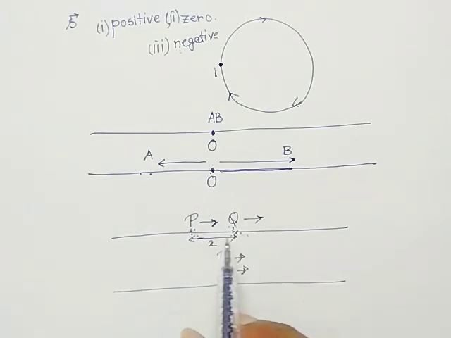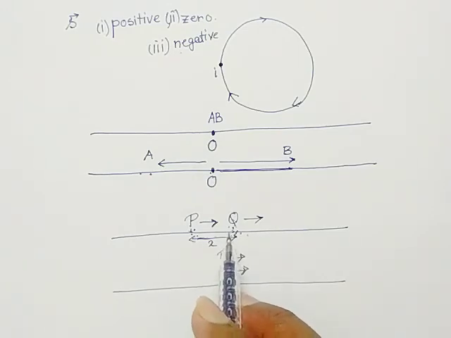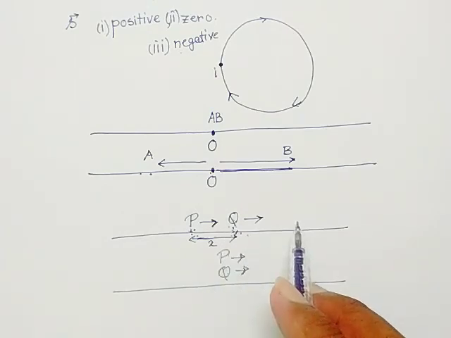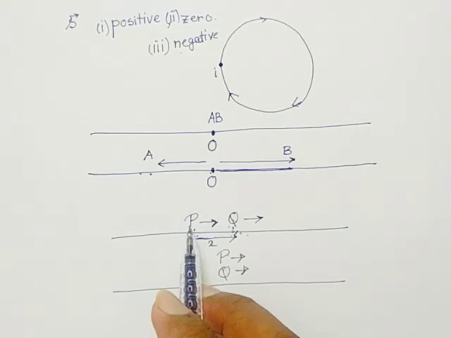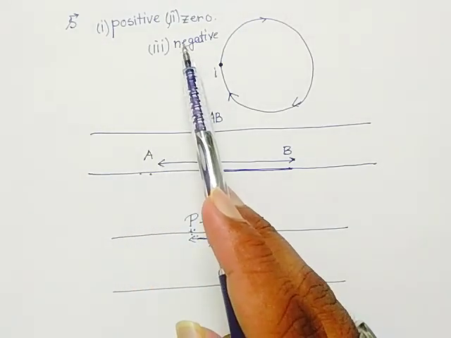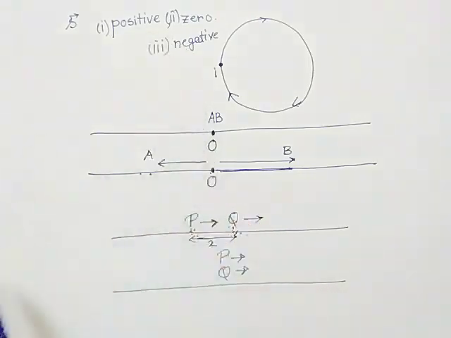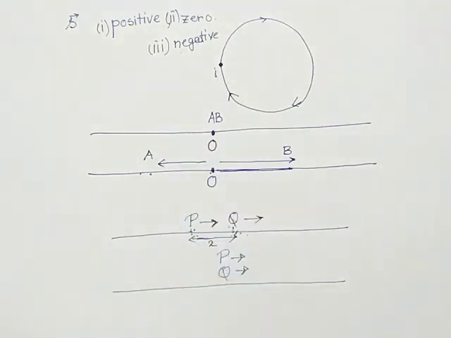So we can say with respect to P, he is at plus X towards this direction. With respect to Q, if I want to measure the position of P, then the displacement is obviously negative. If both are moving in the same manner side by side, then the displacement is 0.